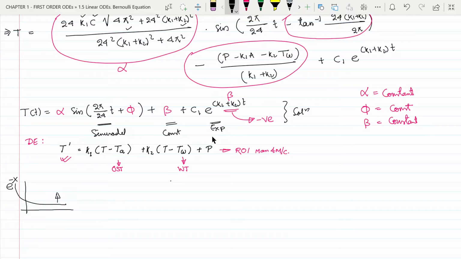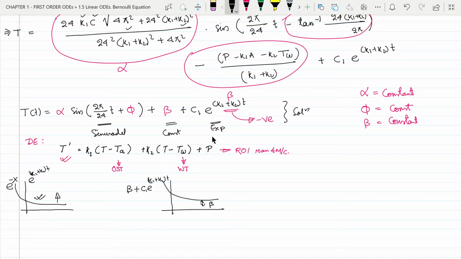If beta is positive, then beta plus c1 e to the power k1 plus k2 t would be shifted upwards from this graph, which was the graph of e to the power k1 plus k2 t. So the effect of beta is to shift the graph upwards.